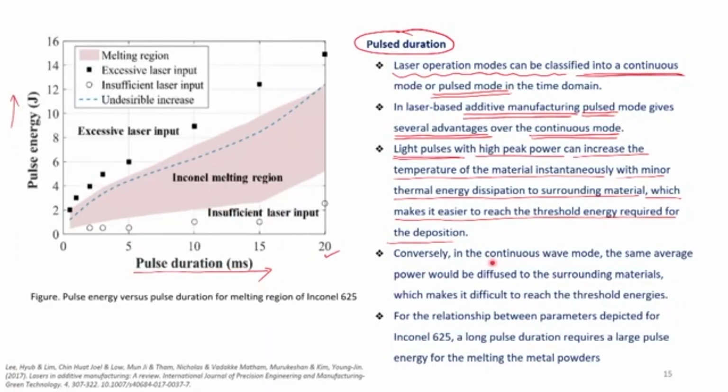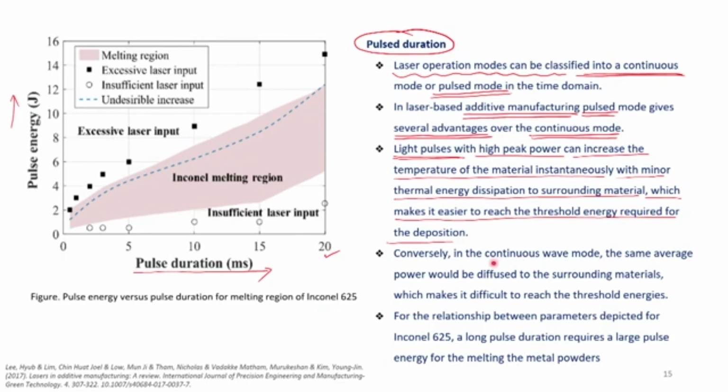So, this is leading to local temperature enhancement without affecting the surrounding material, and that is saving the product, so that we can have a much better product. We can reduce the thermal stresses generated during the AM manufacturing. Conversely, in the continuous wave mode, the same average power would be diffused to the surrounding materials, which makes it difficult to reach the threshold energy.